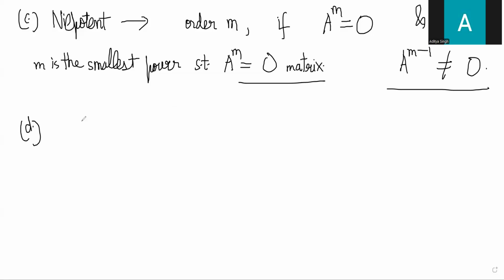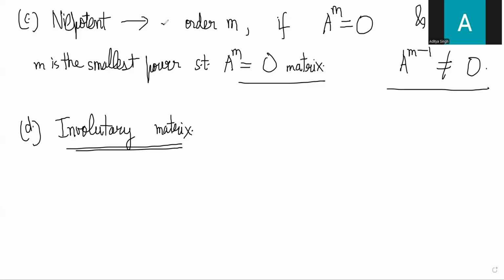Finally, we have the involutory matrix. So what is called M? What is called M? Sorry, sir, in a nilpotent matrix, M is called the order, nilpotent with order m.